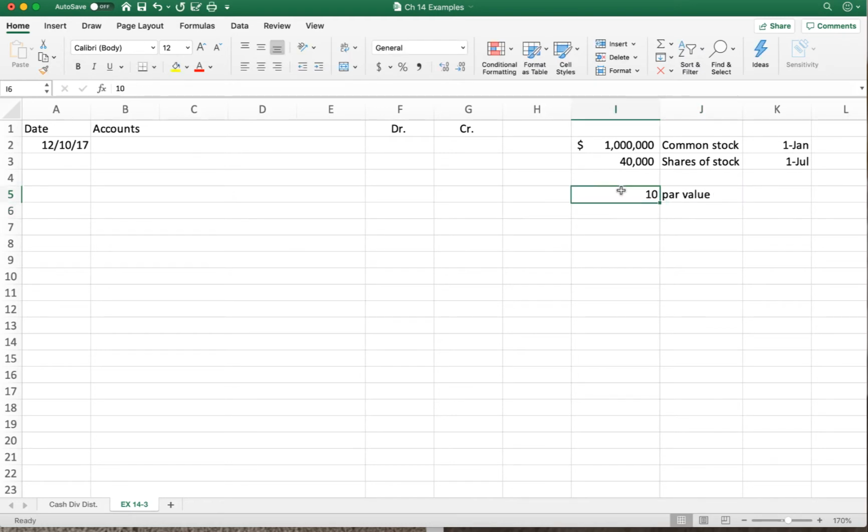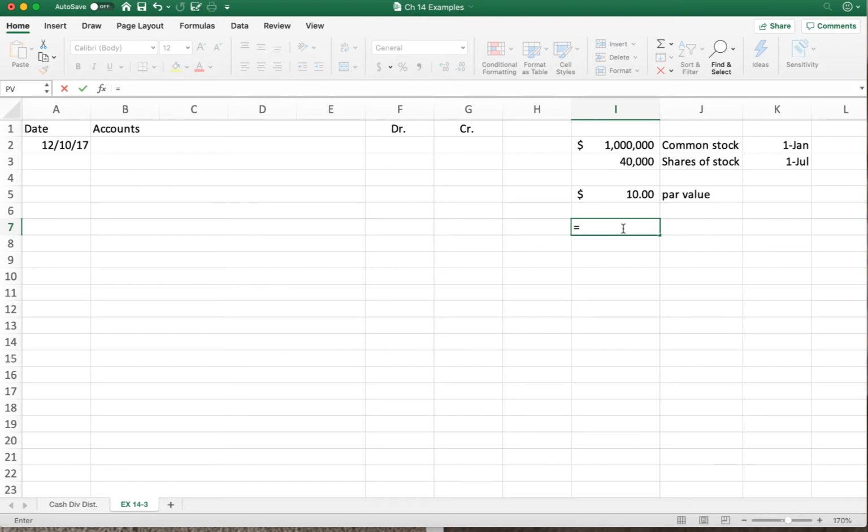Okay? So to figure out the number of shares that are outstanding, all I need to do is calculate. I need to take into account the 40,000 shares that were distributed on July 1st. And then I need to do a calculation to figure out how many shares is that $1 million of common stock outstanding.